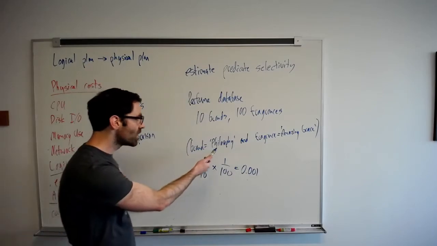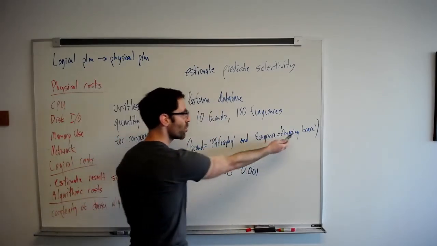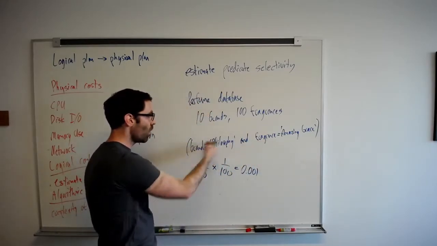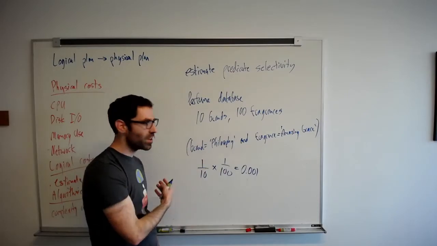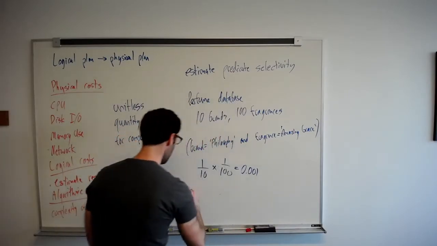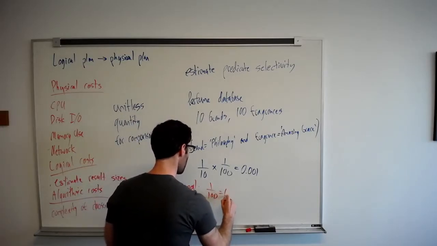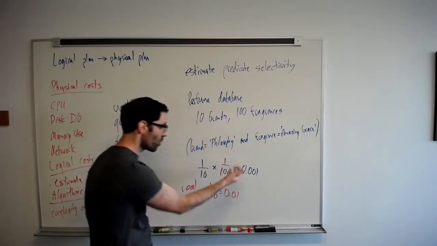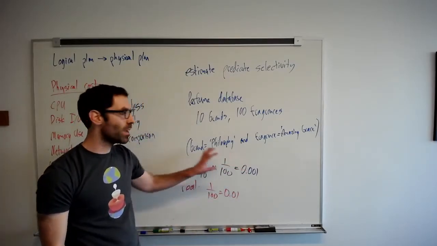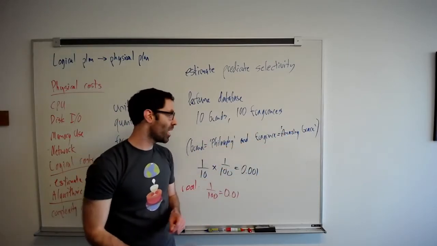But in fact, Amazing Grace, the fragrance, is made by philosophy. So if we're selecting Amazing Grace, then that implies philosophy, and also saying brand equals philosophy doesn't make this predicate any more selective. So the real selectivity is just 1 out of 100. So we're off by a factor of 10 in terms of estimating how this predicate is going to affect the number of tuples that our plan is working with.